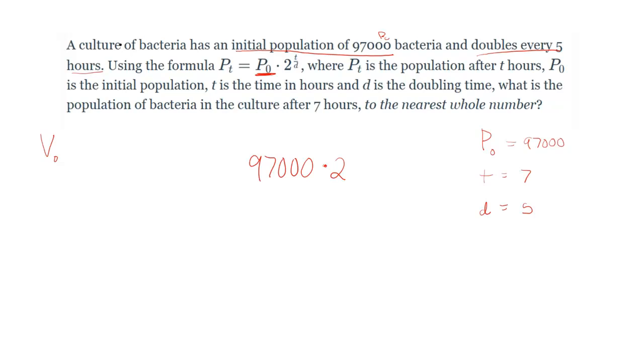That's just going to be part of our formula. The t is our overall time, how long we're waiting to see what that overall bacteria is. And then the d is the doubling time, because we were told that it doubles every 5 hours.